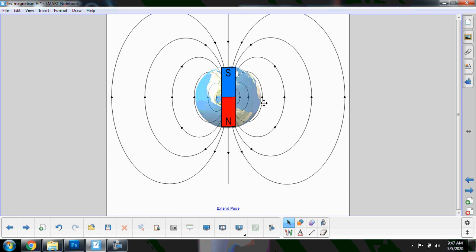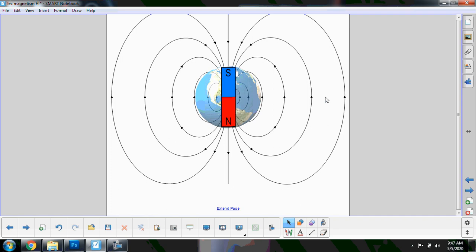Well, it's the north end of the magnet. The north end of the magnet points north. Well, that must mean that the north pole of our planet is a south magnetic pole. And it's just the way things are named, geographic versus magnetic, and it's how we define the north pole of our planet. It's where the north end of a magnet points.